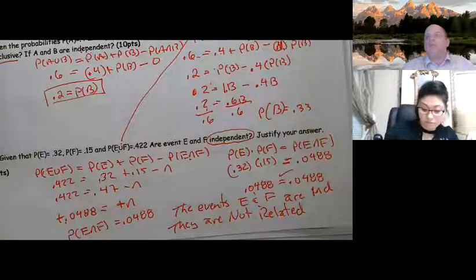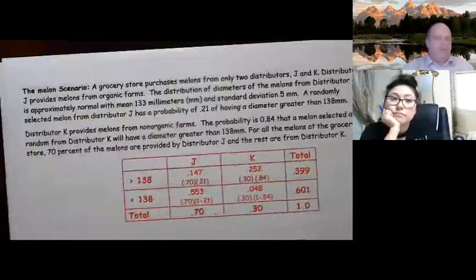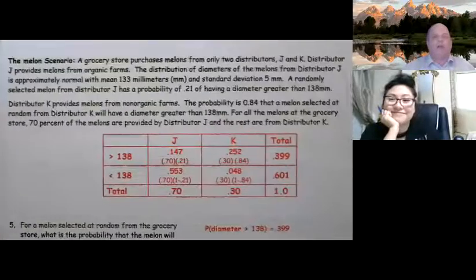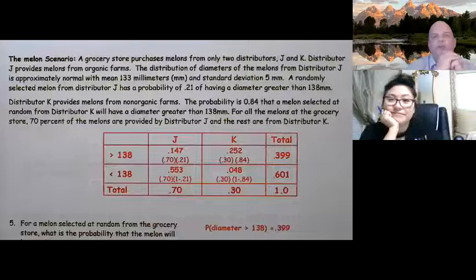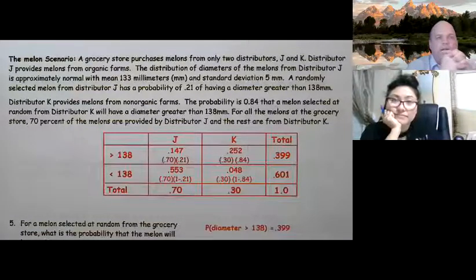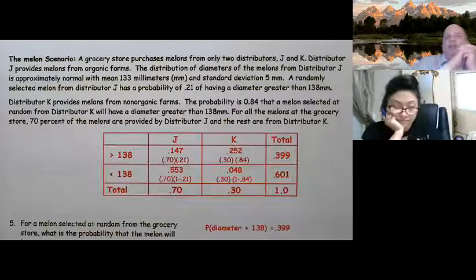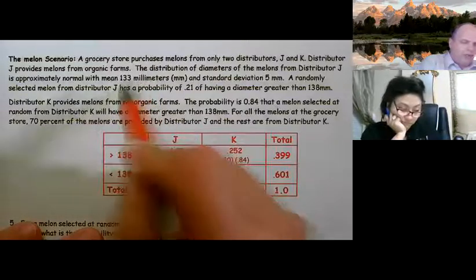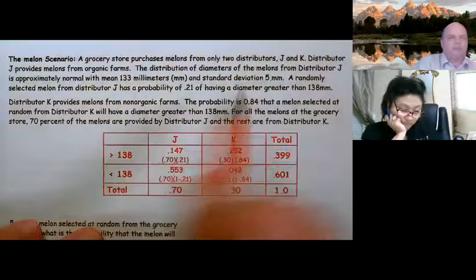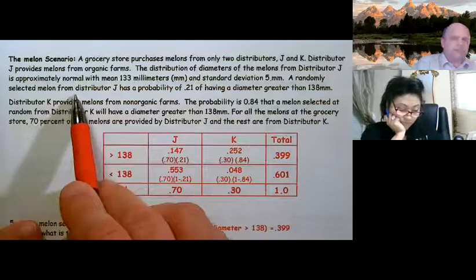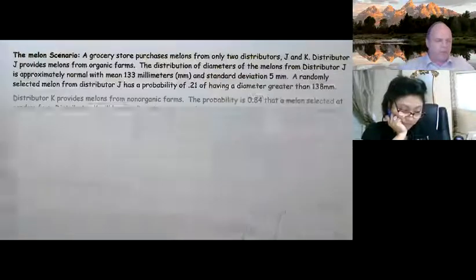Okay, I'm going to pause this thing real quickly. The melon scenario. A grocery store purchases melon from two distributors, J and K. Distributor J provides melons from organic farms. The distribution of diameters of melons from distributor J is approximately normal, with a mean of 133 and a standard deviation of 5. A randomly selected melon from distributor J, where is, I'm sitting here with the wrong stuff.